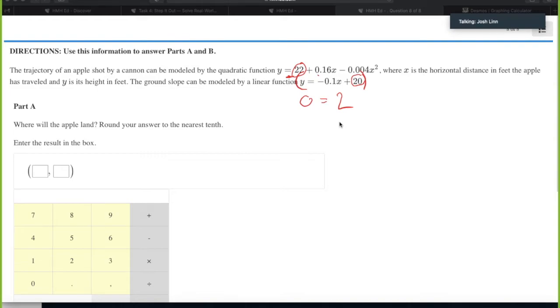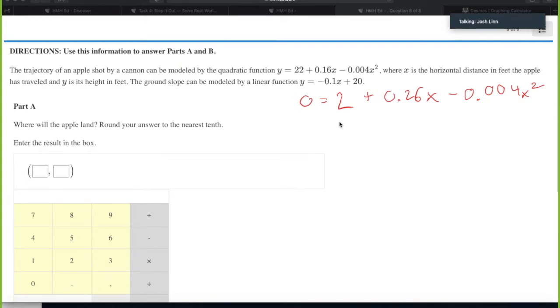And then we're going to have 0.16 plus 0.1. So that's going to be plus 0.26x minus 0.004x squared. So at this point, that's definitely not going to factor or anything crazy like that.